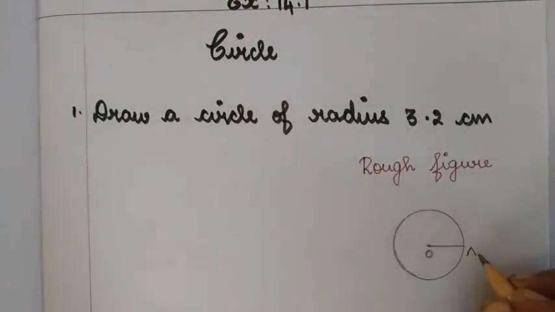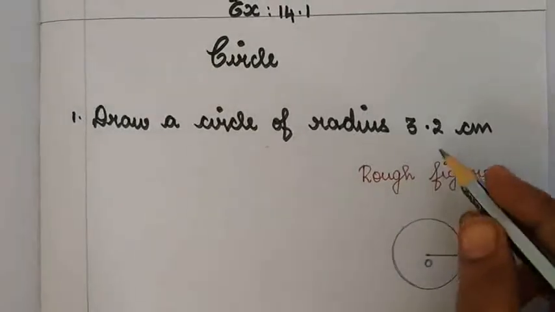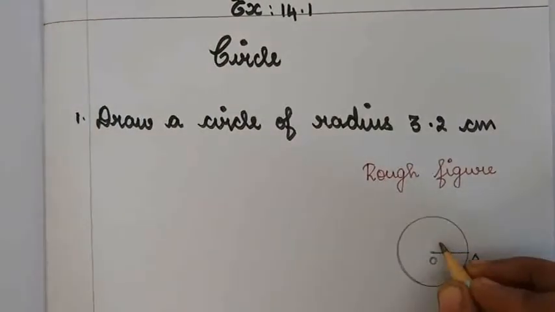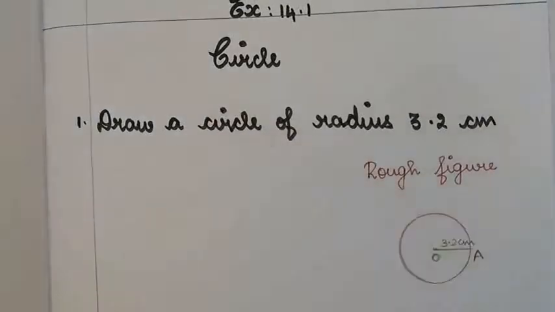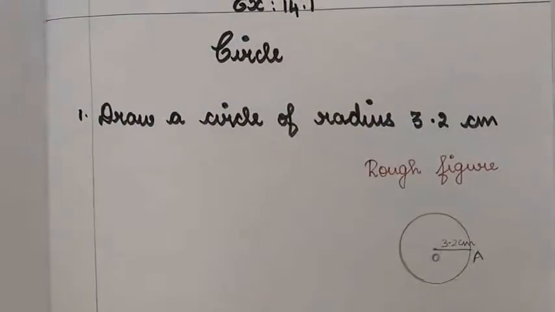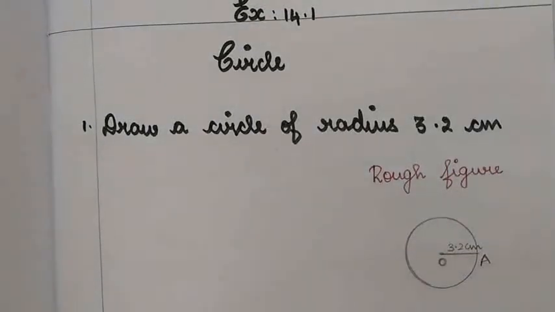This we take as A. Radius is 3.2 centimeter. This is a rough diagram. Next we have to draw a main diagram.